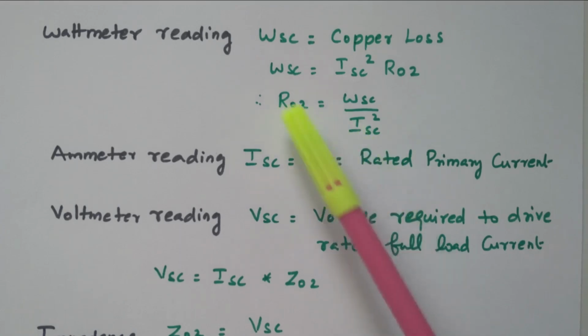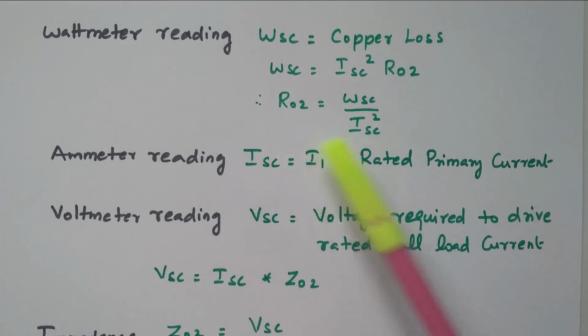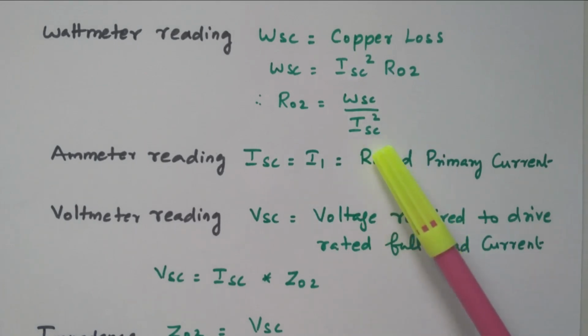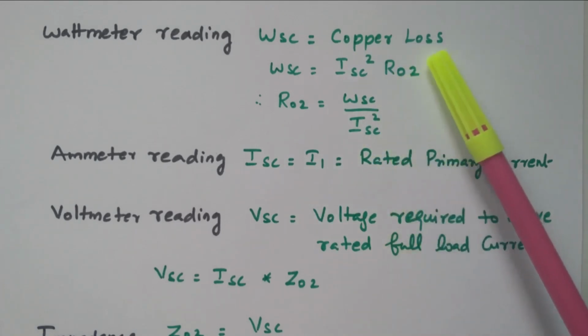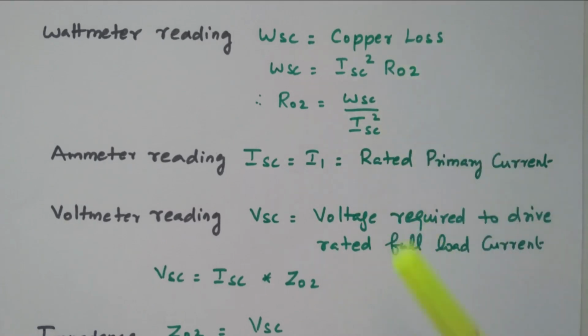The equivalent resistance of the transformer is calculated from the wattmeter reading: R02 equals WSC divided by ISC squared. We assume that we have only copper loss and iron loss is neglected. The ammeter reading is the short circuit current, ISC, which is equal to I1, the rated primary current.